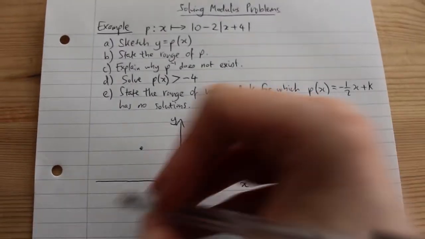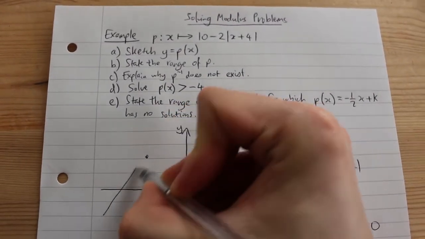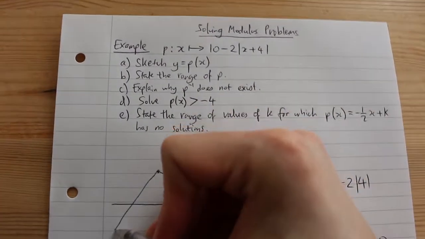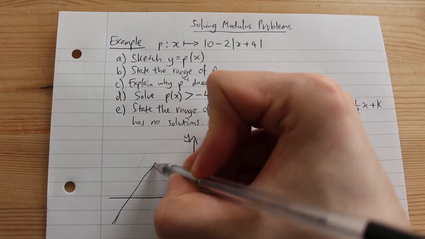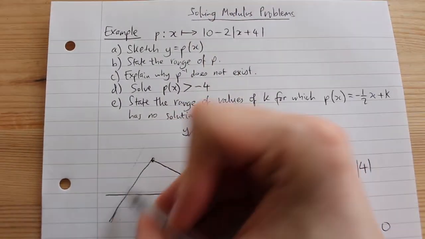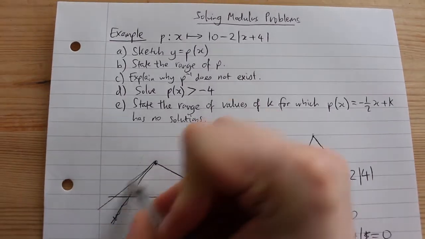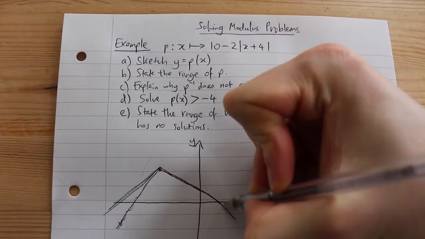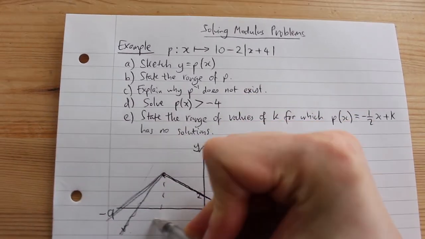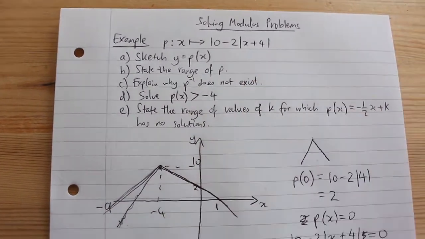So the two places it crosses the x-axis are 1 and minus 9. Sorry, this should be symmetric about the center here, but it's a little bit hard to draw. Maybe if I make this flatter. Okay, so that's 2, 1, minus 9. This is minus 4, this is 10.